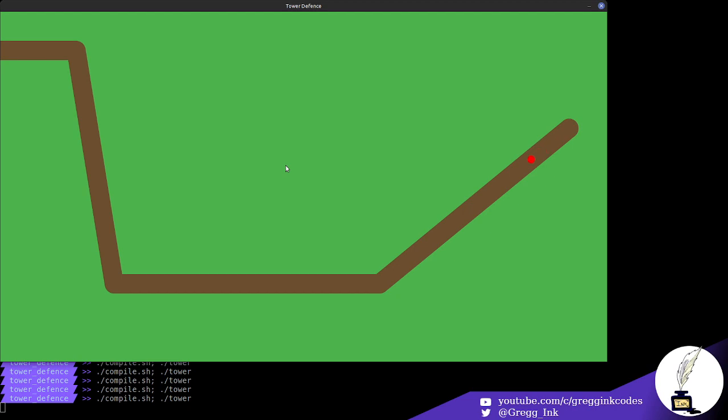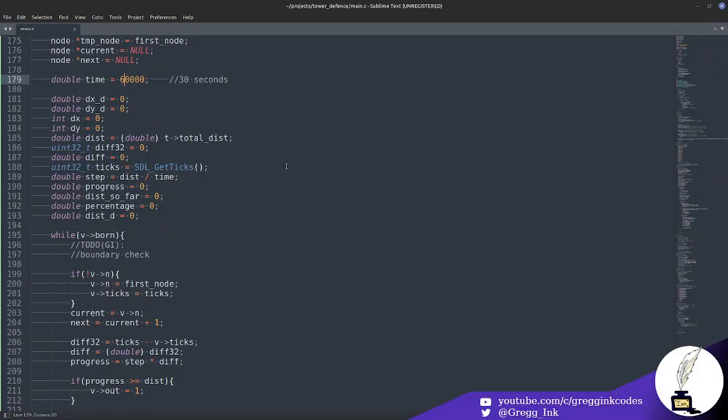Okay, we'll leave it at that for now. Now, obviously, there's a lot of things that can be changed here, but in order to make it feel really like a game, I want to create a tower.